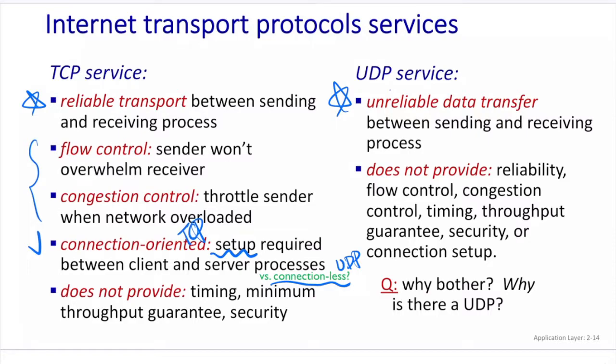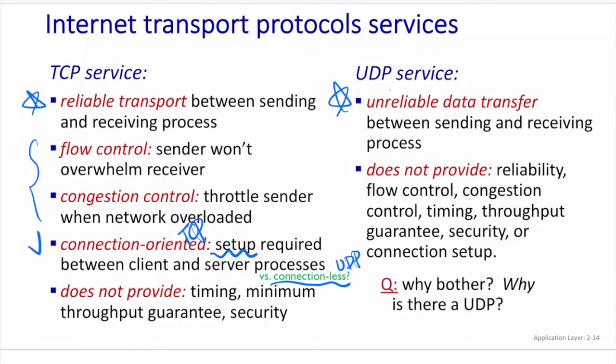They are required between the server and client to exchange certain parameters before the communication starts, such as parameters for flow control and congestion control. So TCP needs setup before sending the actual message, but UDP doesn't have to do so. So it is connectionless communication.